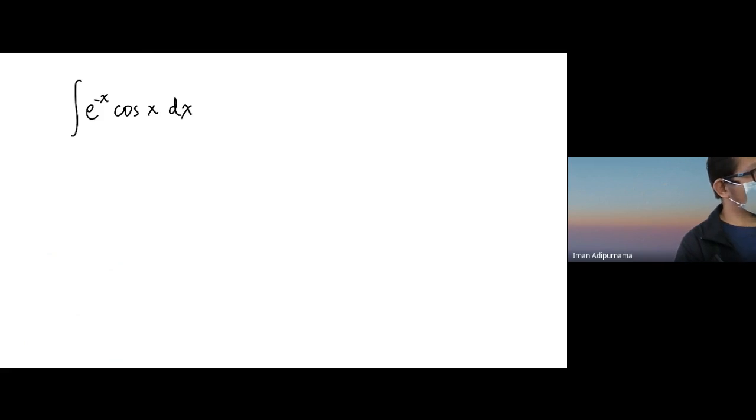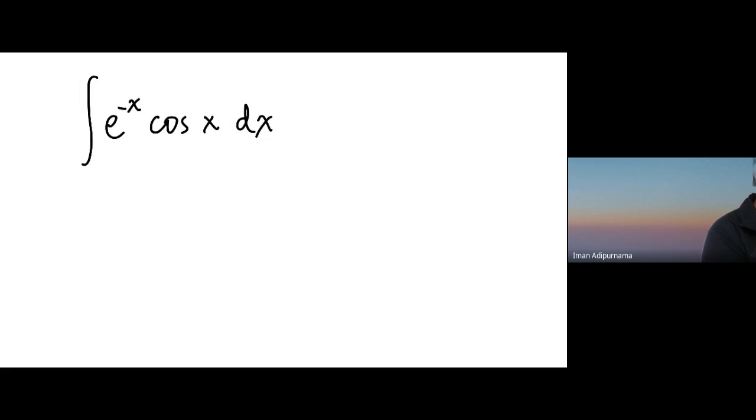As I mentioned, because these two elements, e and cosine, if we differentiate or integrate, they will be repeatable as long as you want. E is still e, cosine becomes sine, cos. So if you want to use the way that I taught you before, it's called the DI method, a simplification of the integration by parts.